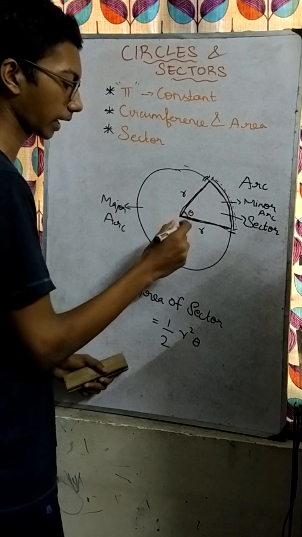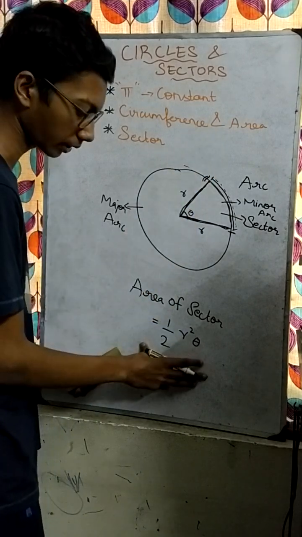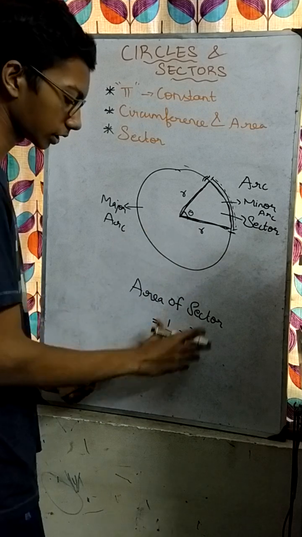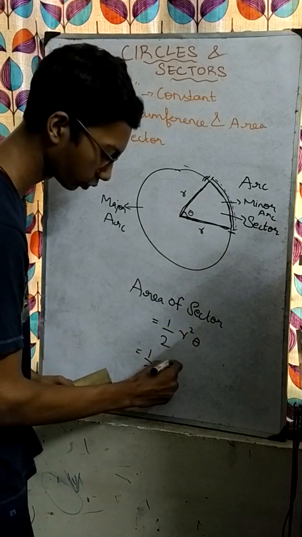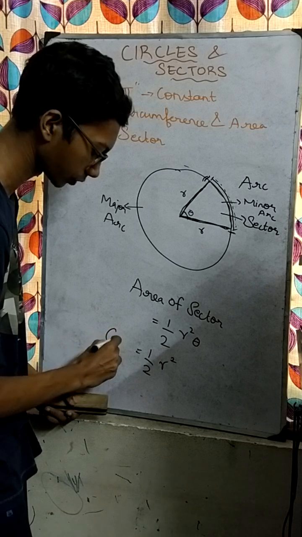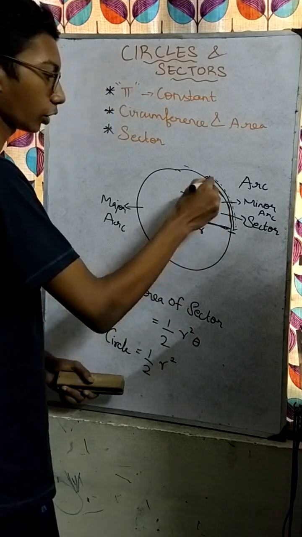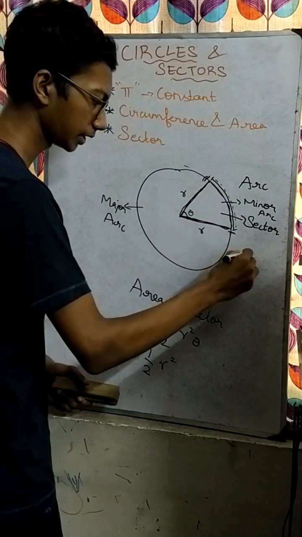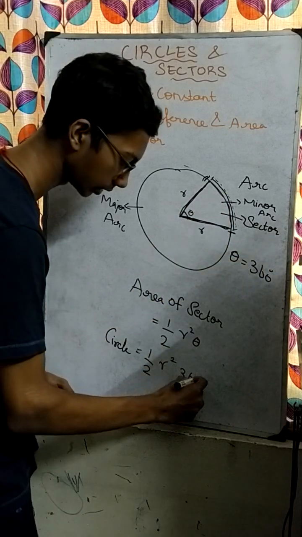Now the interesting thing is we can actually derive the area of the circle just by this formula. That is 1 by 2 r square, and theta for the whole circle is 360 degrees. So apply 360 degrees.